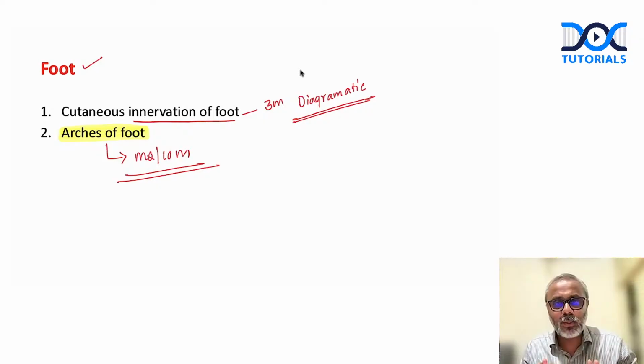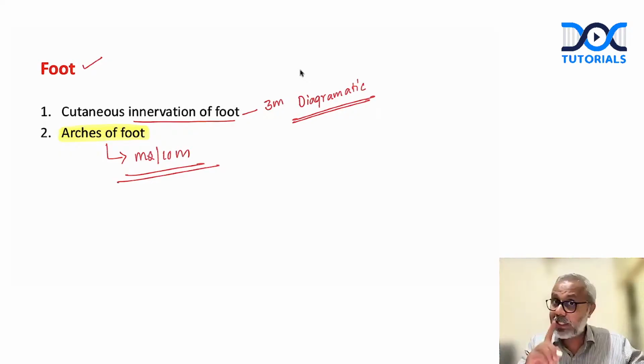All you need to do is draw a simple diagram, write the cutaneous innervation showing in different shades of color, right? If color is not allowed, use proper labeling to show the representation of different areas of nerve supply, right?